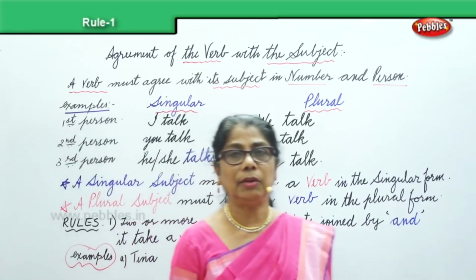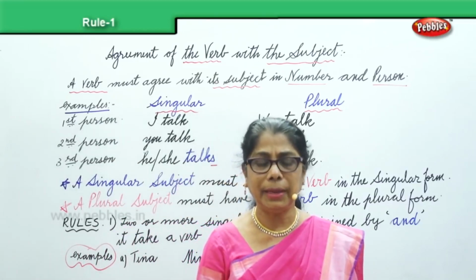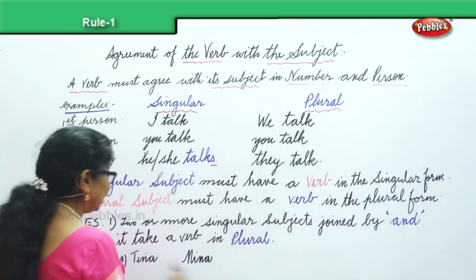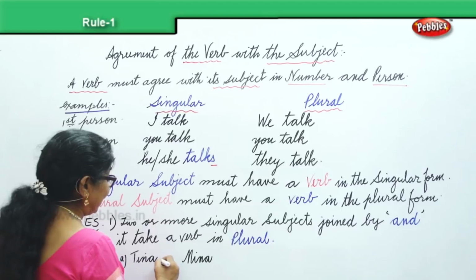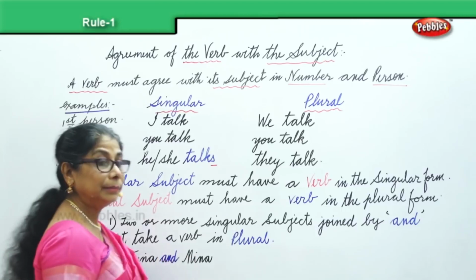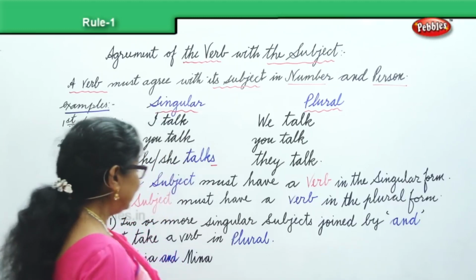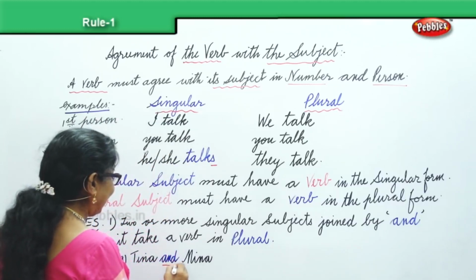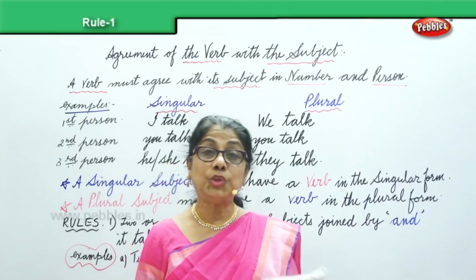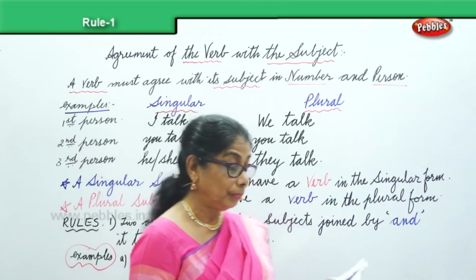Both are singular subjects. Okay? Now we are joining the two singular subjects with and. Tina and Meena. We were putting and. Tina and Meena. Two singular subjects are joined by and.